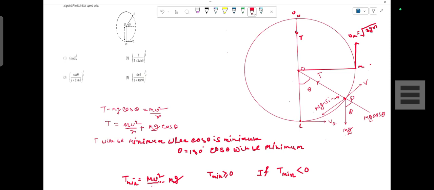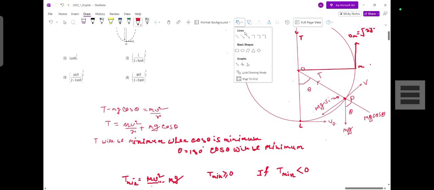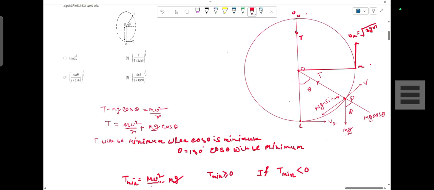Now that is root over 3gr. This point is H, and vH in this direction is equal to root over gr.